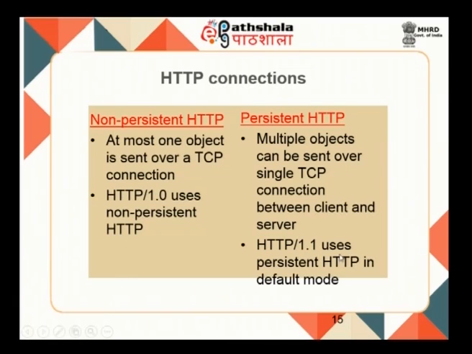That is the idea used in persistent HTTP. So, we reduce the overhead of opening and closing a connection every time. By default, HTTP 1.1 uses persistent HTTP, which means it can also work in non-persistent HTTP mode if the client or the server does not support it.